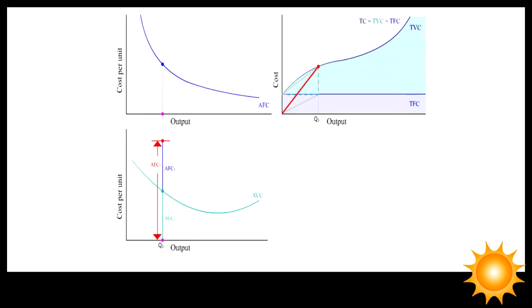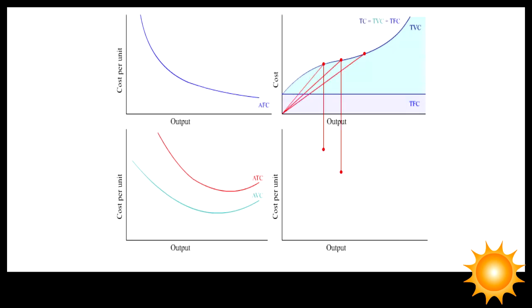For example, ATC1 is equal to AFC1 plus AVC1. Similarly, we can derive other ATC points, and finally, the ATC curve.